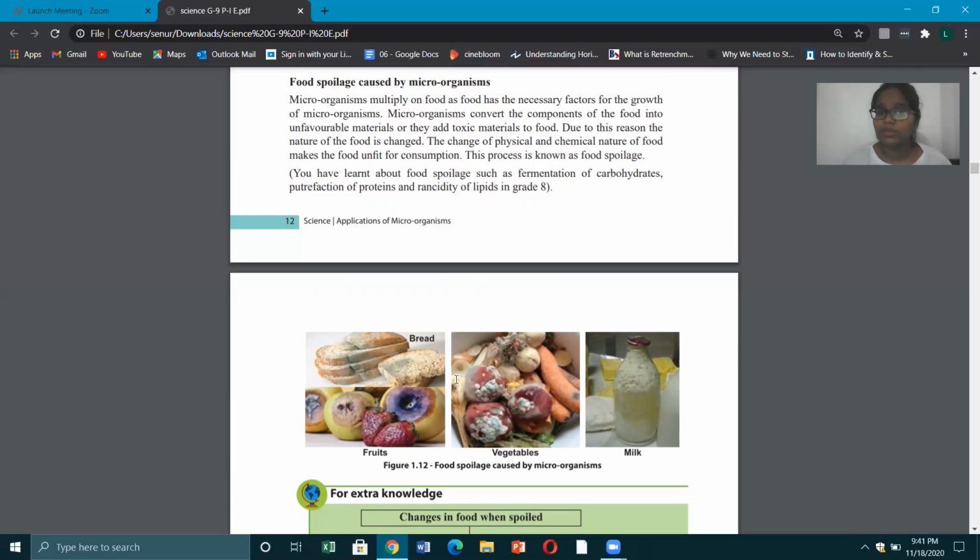What microorganisms do is they convert the components of the food into unfavorable materials, or they add toxic materials to food. Now, children, just because microorganisms are on food, nothing happens.